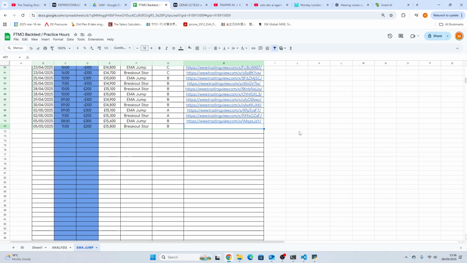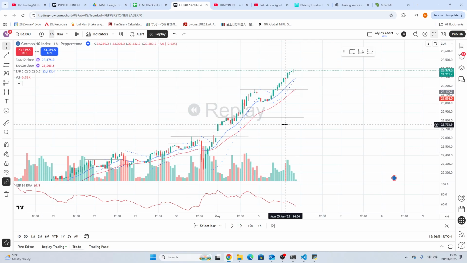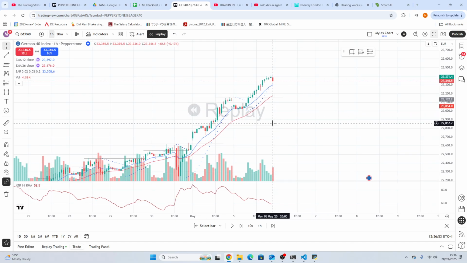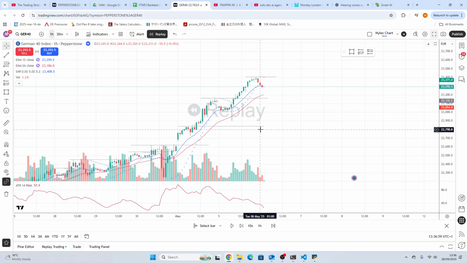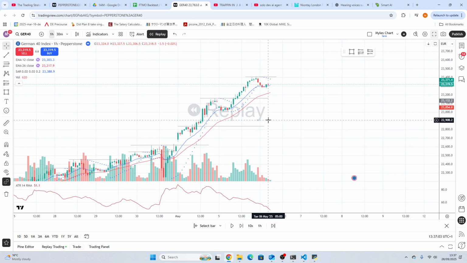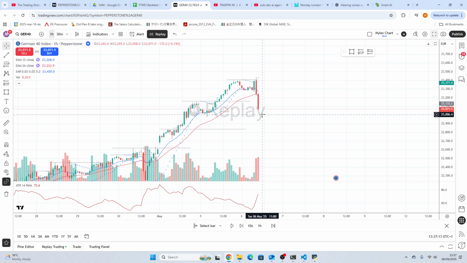Alt S is the shortcut, so I might just do that next time. Look, it's still going, but we just want our bit, and then go. Okay, so that's not an EMA jump. We get saved.